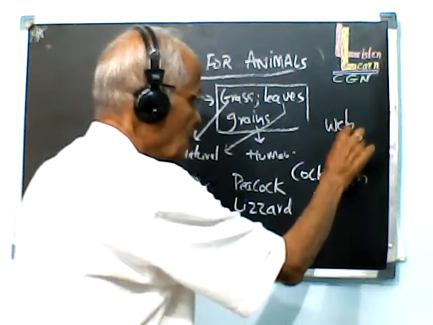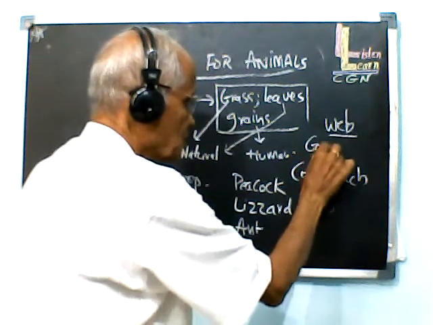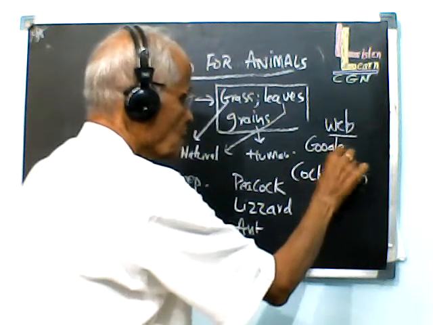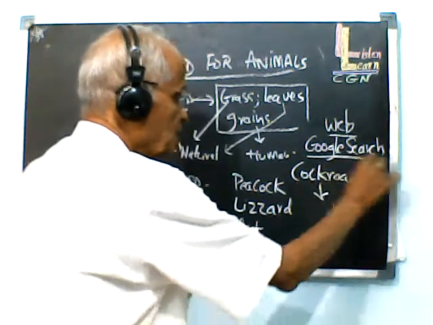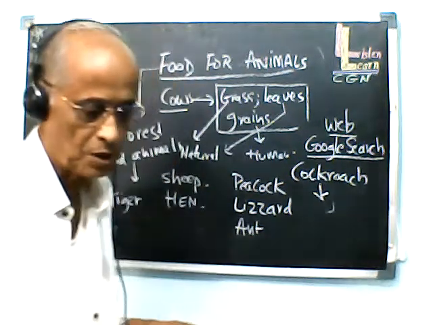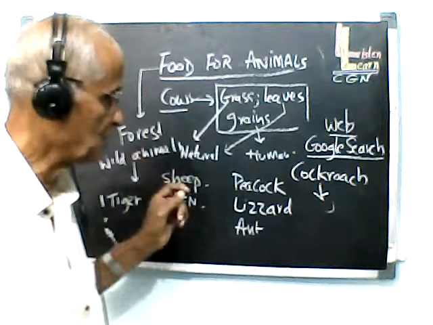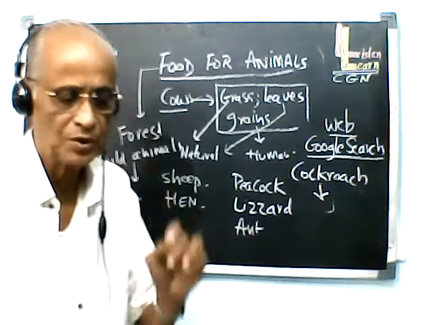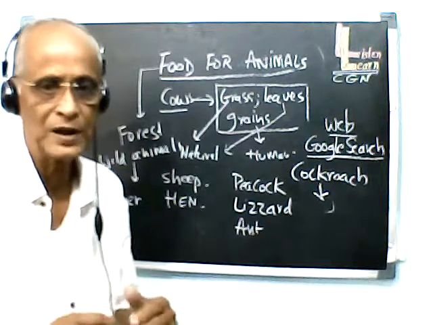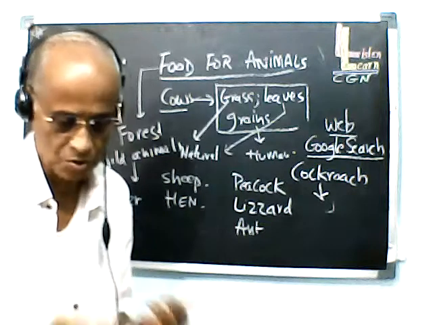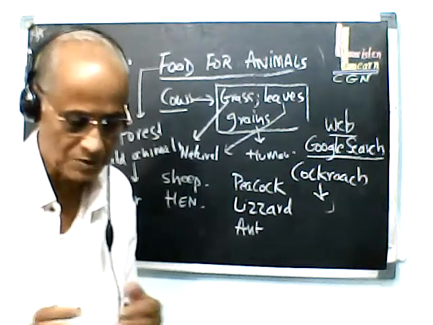You know that Google search. Google is a search engine. If you got a mobile phone or a computer at home, search and find out at least food for 10 animals. And we know plants make their own food by photosynthesis. We will not discuss much on that one.